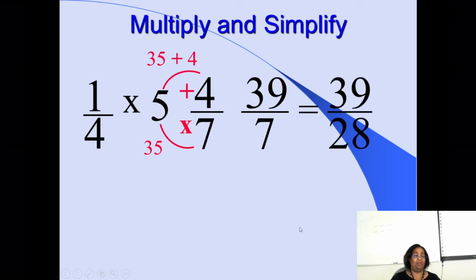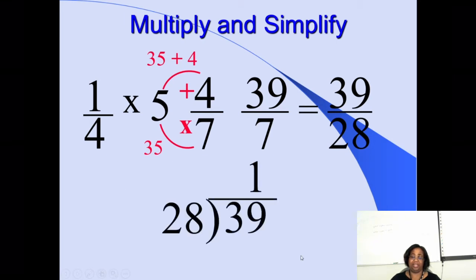So I had to take 1 times 39 is 39, and I had to take 4 times 7 is 28 because I couldn't reduce anything. I couldn't cancel. So I have to make the 39 over 28 a mixed number because it's already improper.